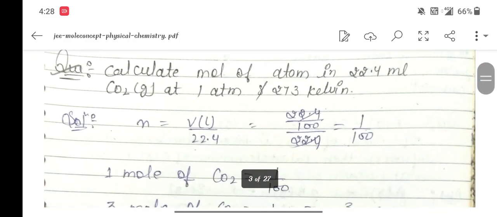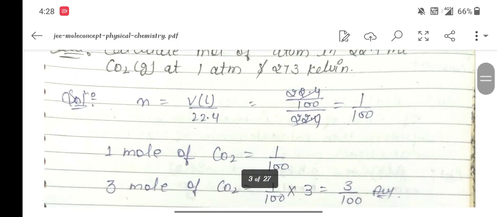Now calculate the moles in 22.4 milliliter, sorry, 22.4 liter CO2 at 1 atm and 273 Kelvin. So n is equal to V in liters by 22.4.